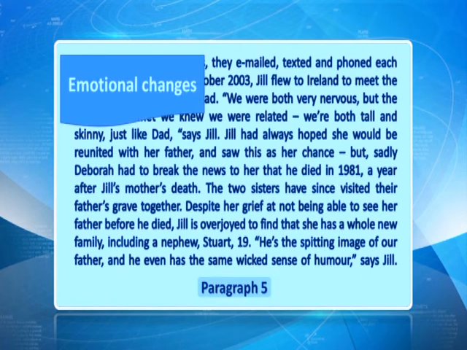Okay, so emotional changes. The first word that refers to emotion is the word nervous. She was nervous at the beginning. And then we have the word hoped, so she was hopeful. And then we have the word grief, so she was full of grief and sad. And then we have the word overjoyed. Okay, so she was excited at the end.